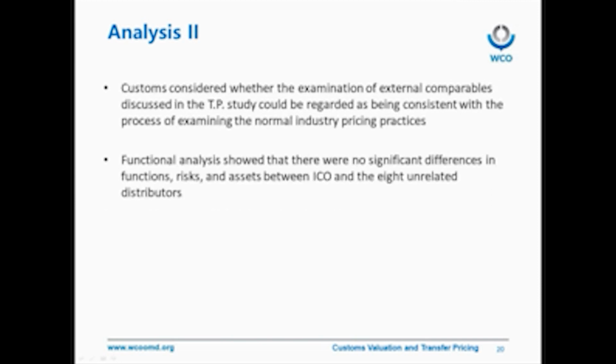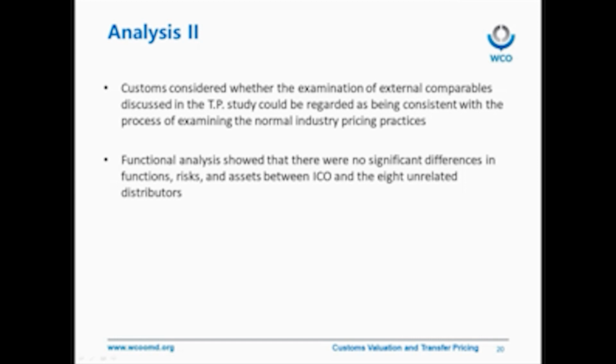So the customs considered whether the examination of the external comparables discussed in the transfer pricing studies could be regarded as consistent with the process of examining normal industry pricing practice. So when we consider whether the price is settled between related parties as if these two parties were not related, we can use information from the TP studies.